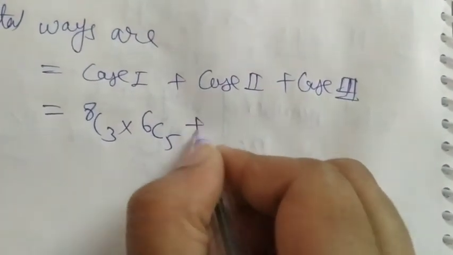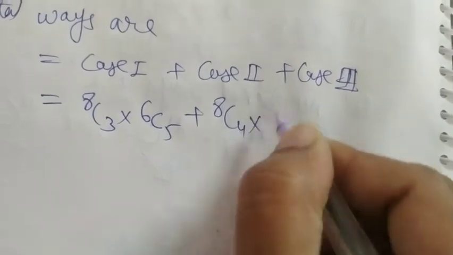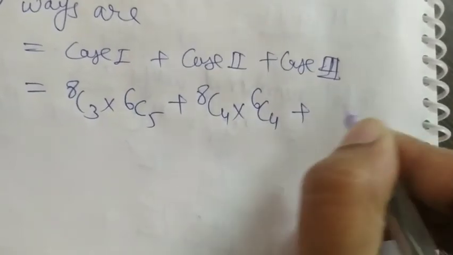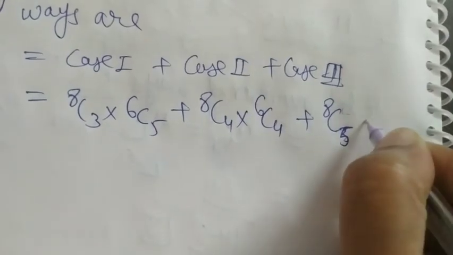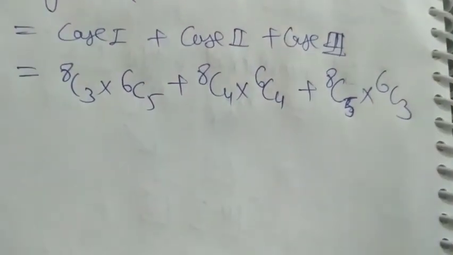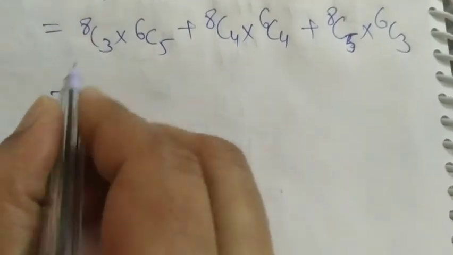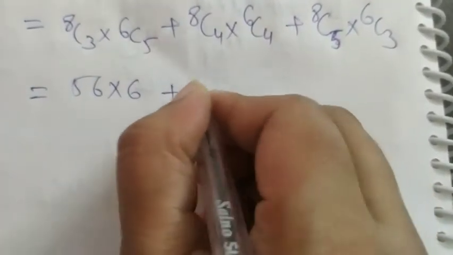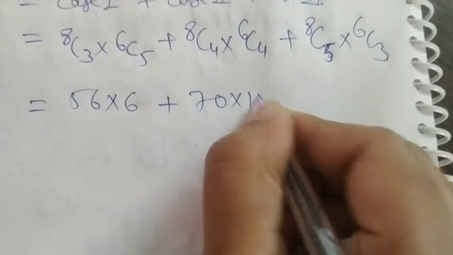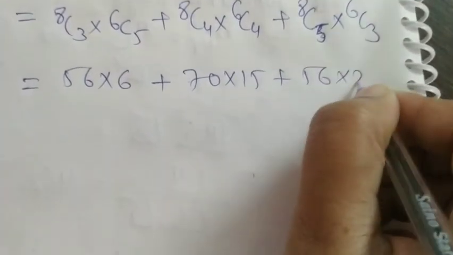From the second case, 8C4 and 6C4, and from the third, 8C5 and 6C3. On simplification, I get 56 into 6 plus 70 into 15 plus 56 into 20.